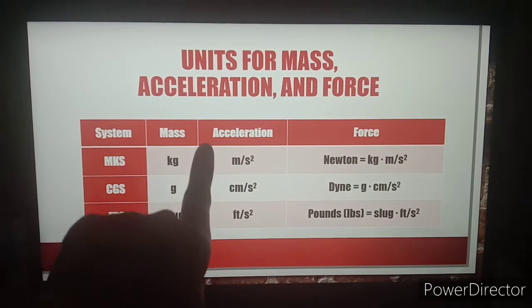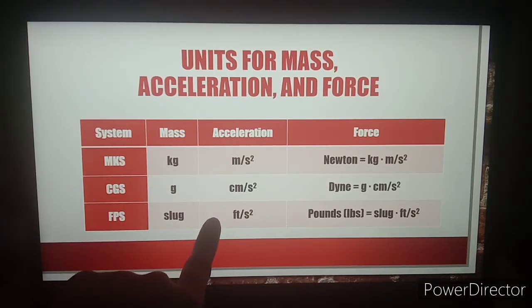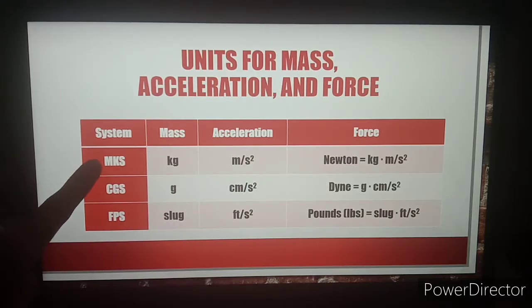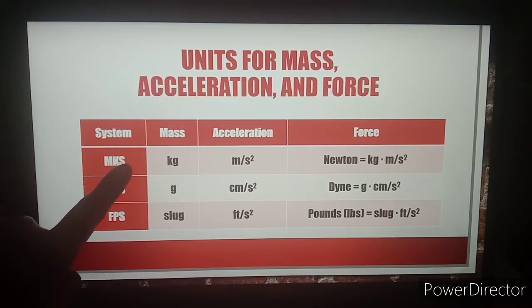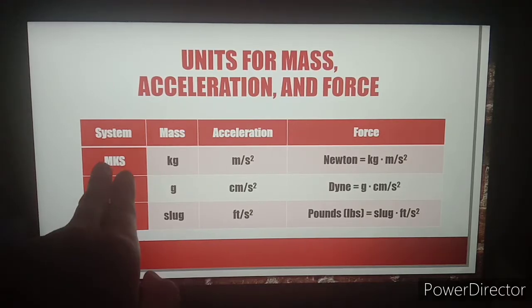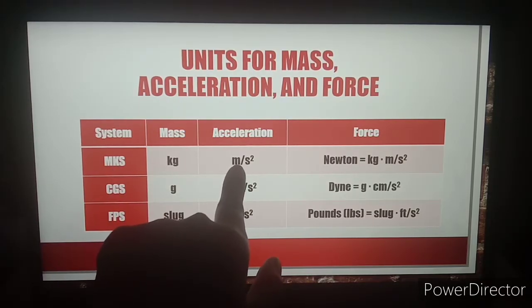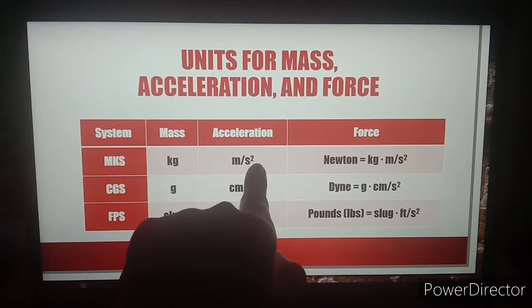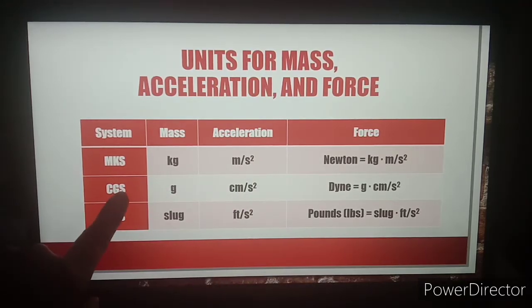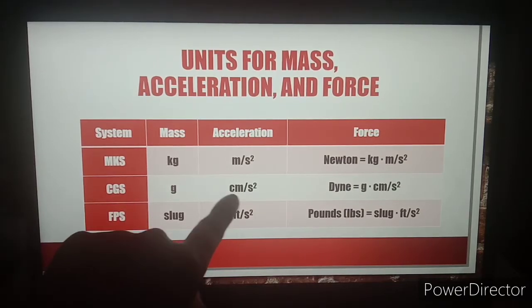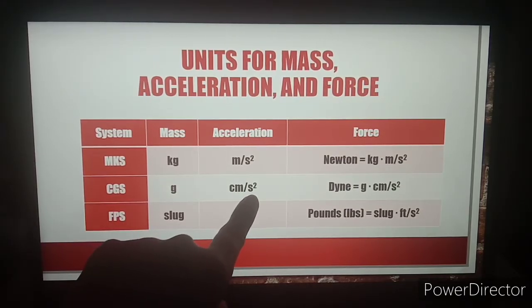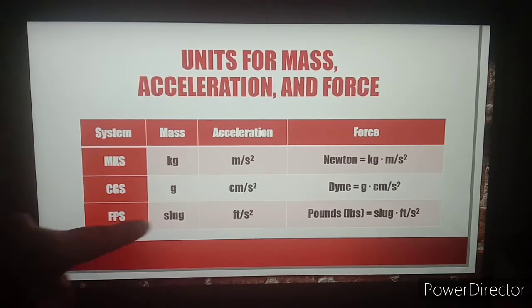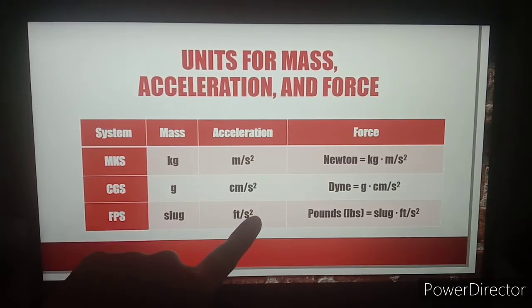And for the acceleration, for the MKS we will use meter per second, and then we need to square the time, so we have meter per second squared. For CGS, we have centimeter per second squared. And for FPS, we have feet per second squared.